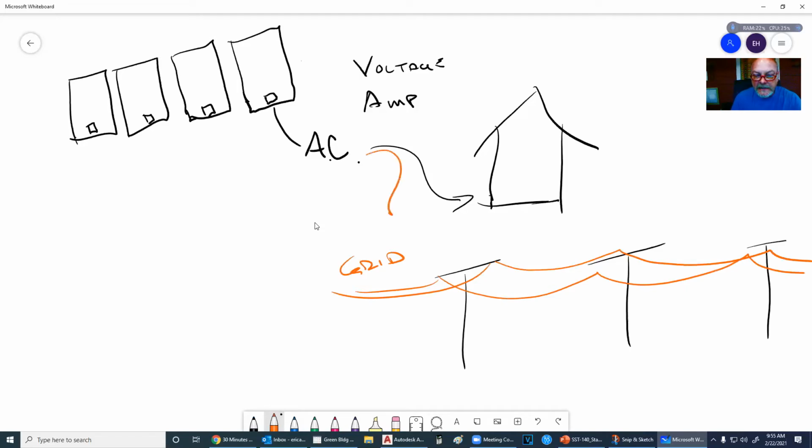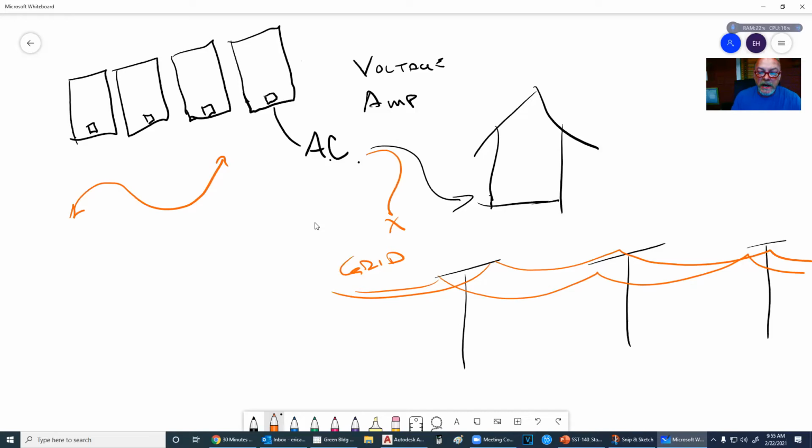We can't plug into this because this changes. The amps and the voltage are constantly changing due to sunlight, due to conditions. Like today, for instance, there's no way in the world that we can get 100% voltage out of our panels because there's a lack of sun.